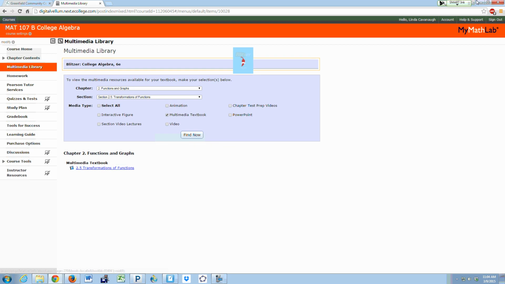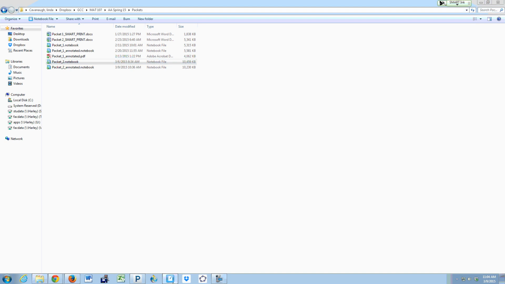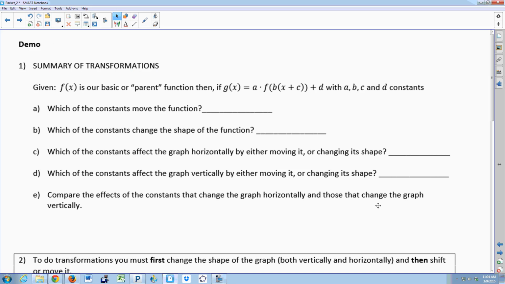What you need to do is to see that every single transformation that we're going to look at in this class is a multiple transformation. It has all your horizontal shifts up and down in this, reflected in this. It has all of your vertical shifts up and down reflected in this, and it has your vertical shrinks and stretches as well as your horizontal shrinks and stretches, just by looking at this formula.